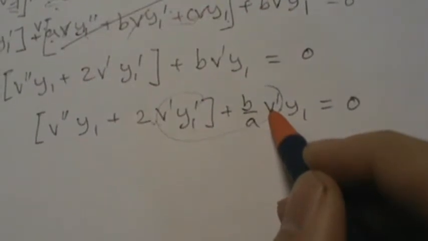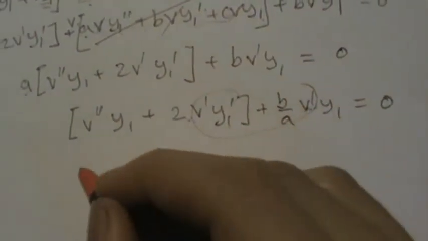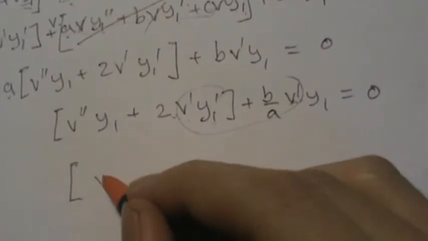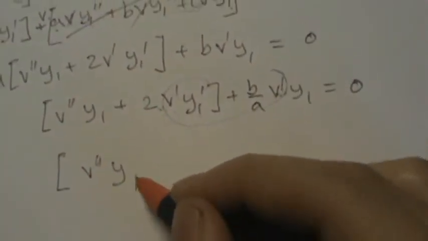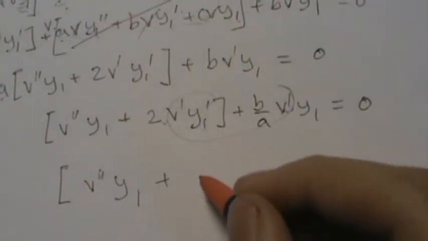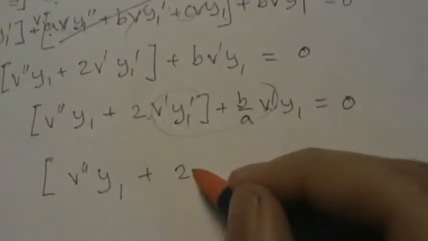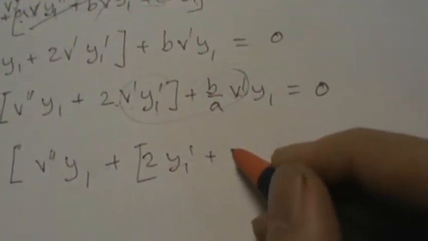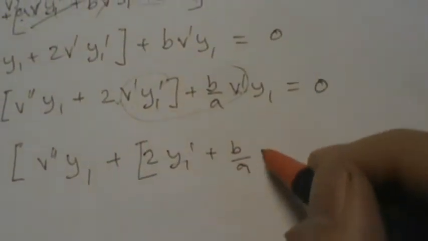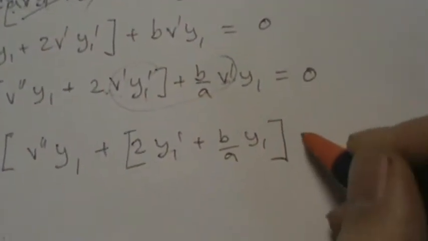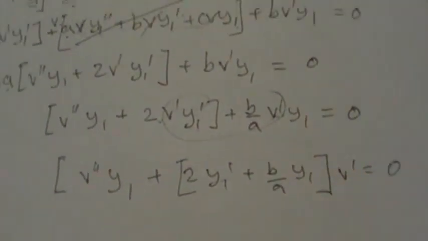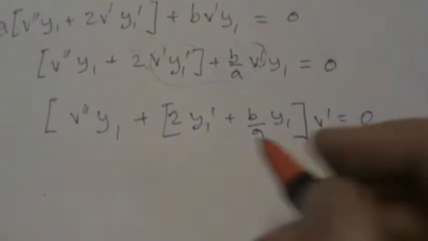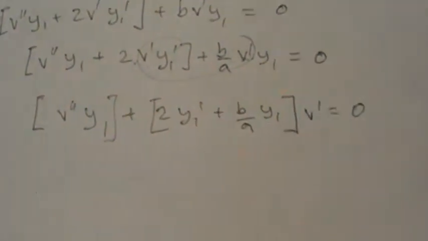And I just combine these two terms together because they both have v prime. So we have that multiplied by v prime. Okay. So now we have the entire equation written in this form.